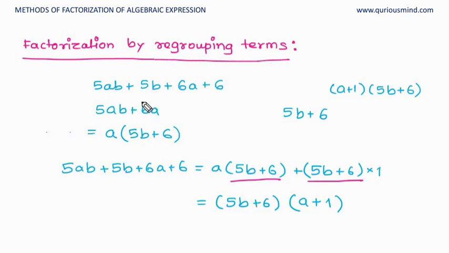But please note, not all regroupings are possible. For example, I cannot regroup as 5b plus 6 and 5ab plus 6a and find the factors. I will not be able to do it. So we need to be very innovative when we regroup the terms.